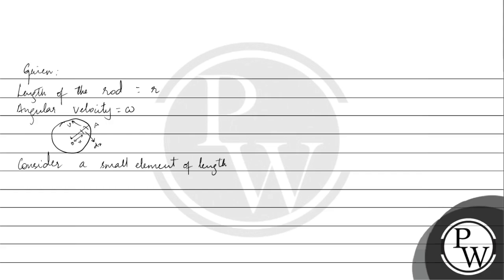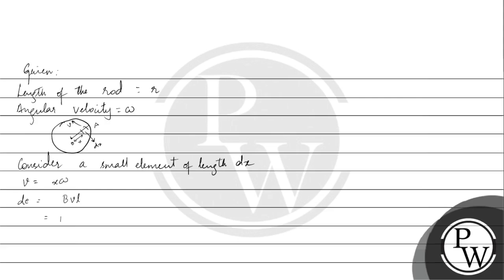So therefore now we can see this small element में एक induced EMF है dE, which is given by BVL. So in this case, this is B, V is x into omega and L is dx. So small element के across induced EMF होगा B omega x dx.